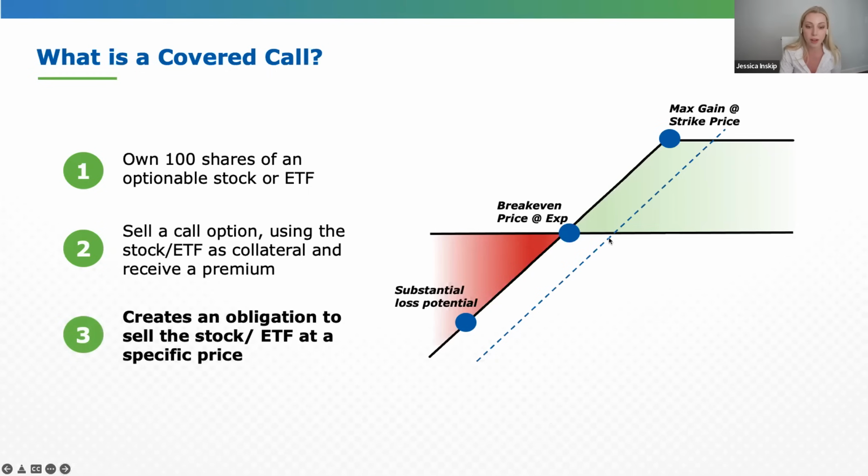But you are giving up upward potential. So if you bought ABC at $100, you sell a call with the obligation to sell at 110, maybe you receive 2. Instead of your cost basis being 100, now it's 98. You've reduced it by the amount of premium received, but in exchange for an obligation. And you also give up your upward potential.